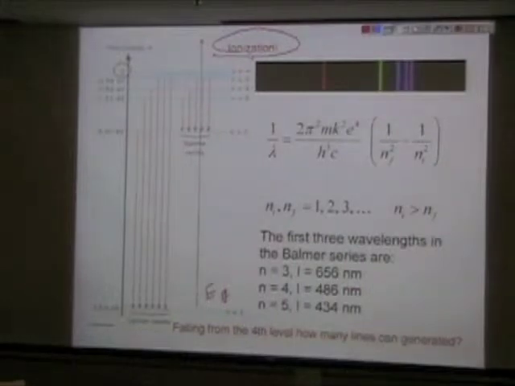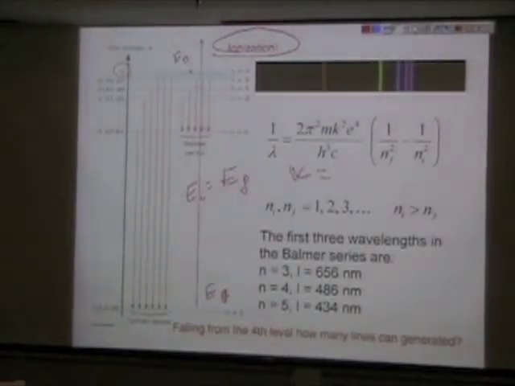We call it ionization. Well, the final value of the energy of the atom in this case is 0. The initial value equals this.